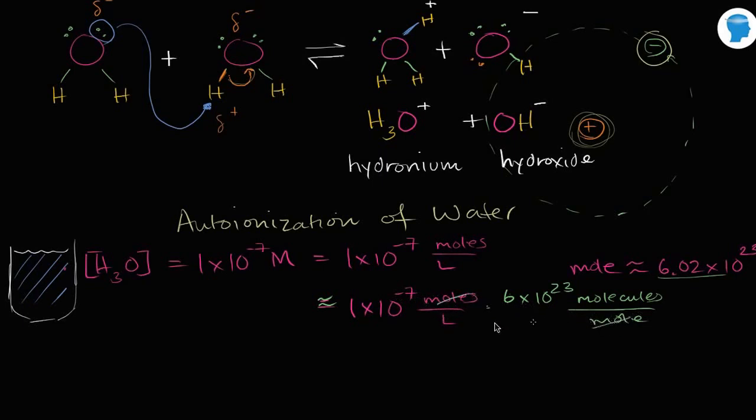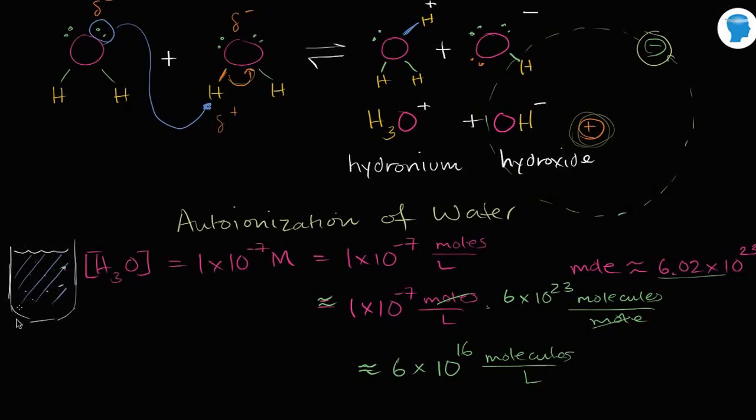Well, these two would cancel out, and you would multiply these two numbers. You would get 6 times 10 to the negative 7 times 10 to the 23rd. That's 6 times 10 to the 16th power molecules per liter. So your first reaction is, oh my God, I'm going to have approximately 6 times 10 to the 16th molecules of hydronium in this.